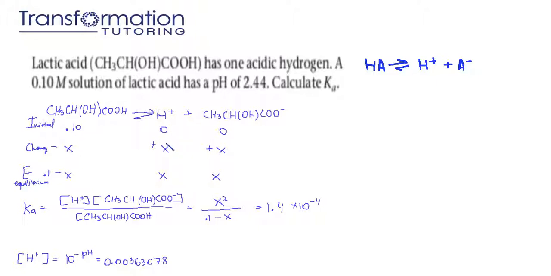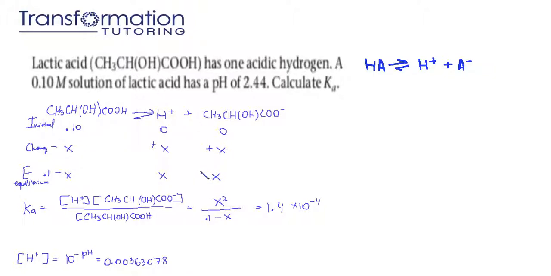So the right side has to increase, and if the right side is increasing, the left side has to decrease to accommodate for that. For equilibrium, we just add the initial and the change values. So we will get 0.1 minus X, X, and X as our equilibrium values.